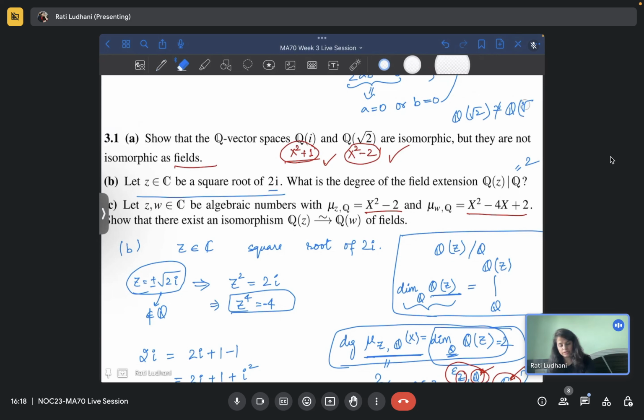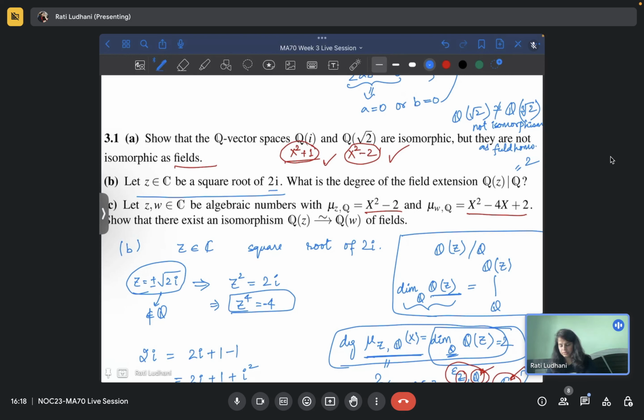I'm not talking about vector space isomorphism. I'm saying Q(√2) and Q(∛2) are not isomorphic as fields, as field homomorphism. That is also enough to say.